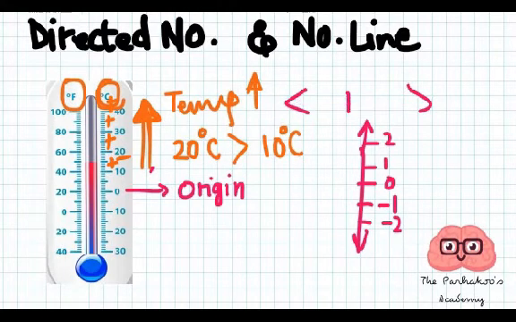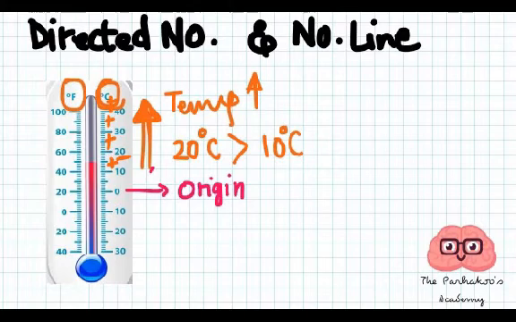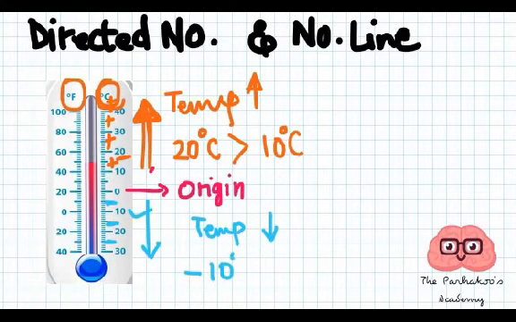And as we are moving down below the 0, the temperature is decreasing. It's -10, -20, -30. So here temperature is going down. So remember one thing here, -10 degrees Celsius is greater than -30 degrees Celsius.